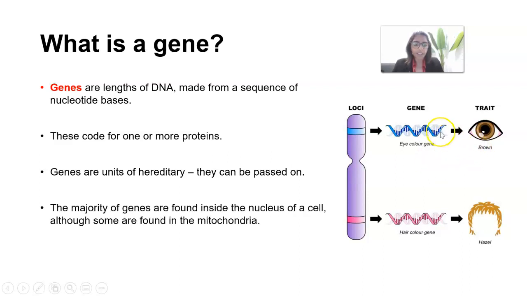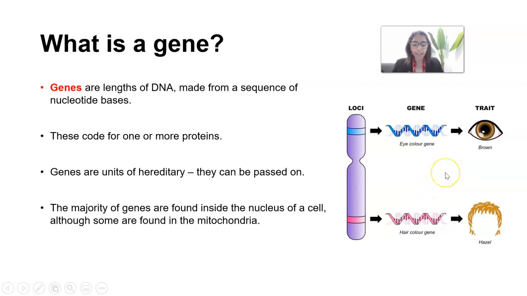Now these genes and this coding sequence can code for specific traits, such as brown eyes in this case, or hazel hair. It could be blue eyes, blonde hair, and so on. Now the majority of the genes, as we know, are found inside the nucleus of the cell.